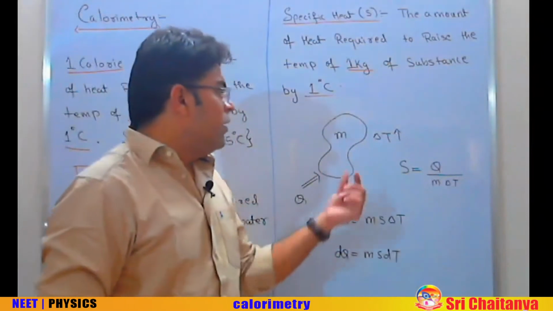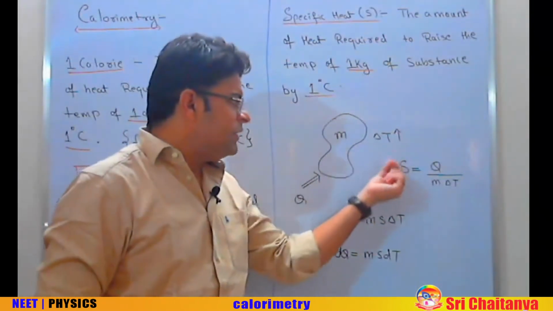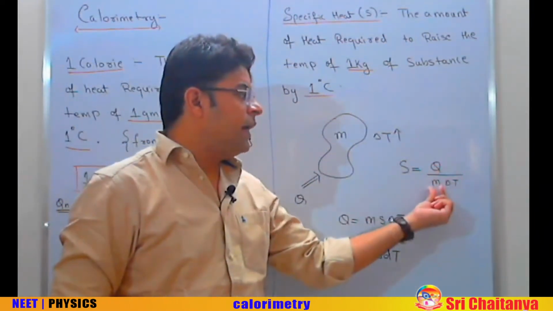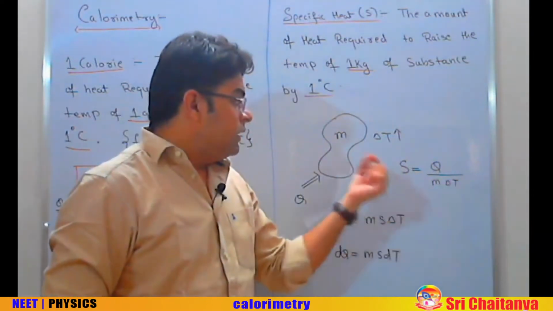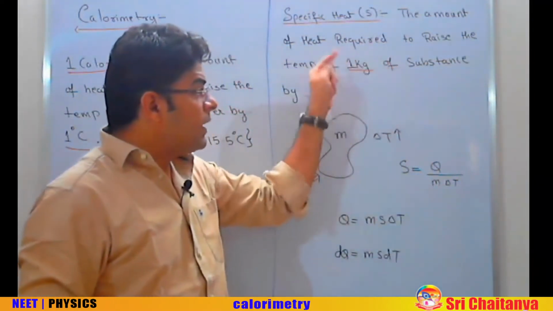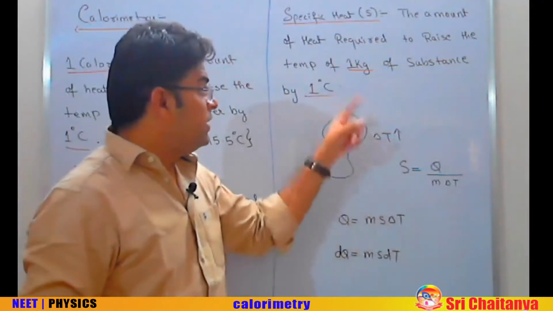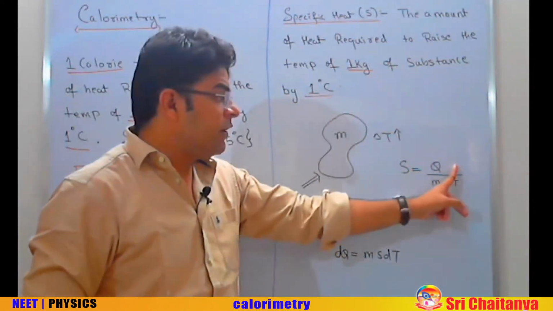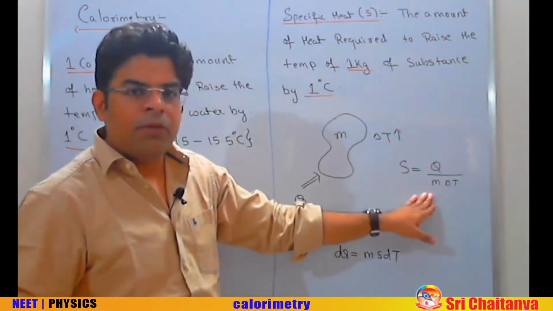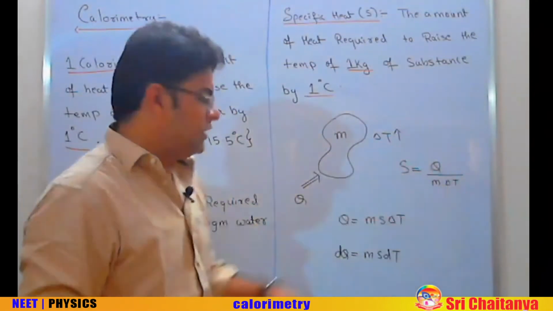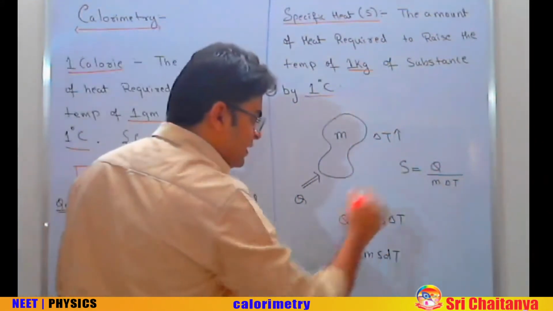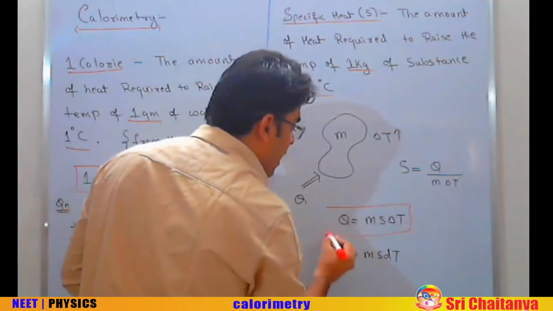Similarly, the specific heat has to be equal to Q by m delta T. The amount of heat required per kg per degree centigrade is called the specific heat. We can rewrite this equation as Q equals m s delta T.